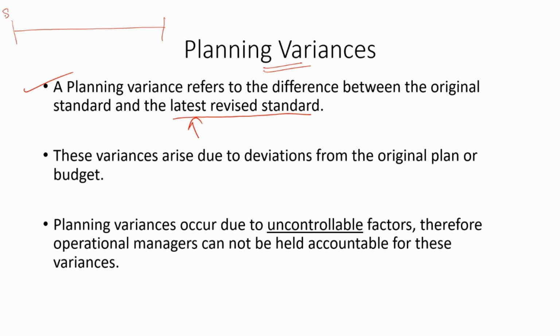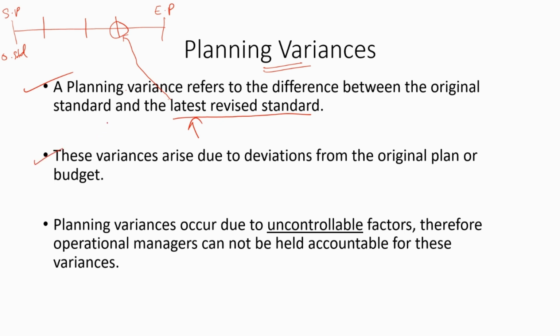So let's say this is the start of the budgetary period and this is the end. During the budgetary period, companies can change their original standard 0 times, 1 time, or more than 1 time. So in this example, this is the latest revised standard, because this is the final revision that the company has done on their budget.